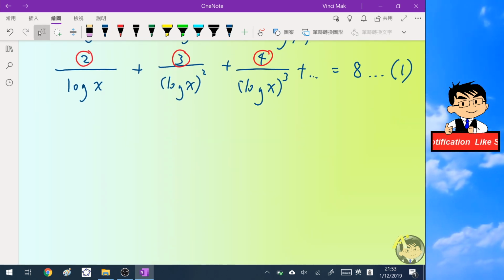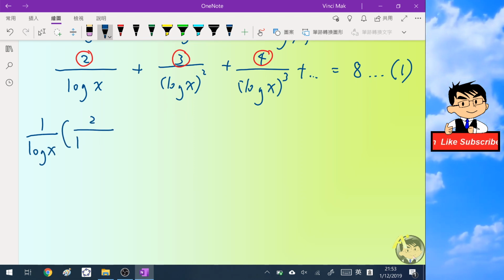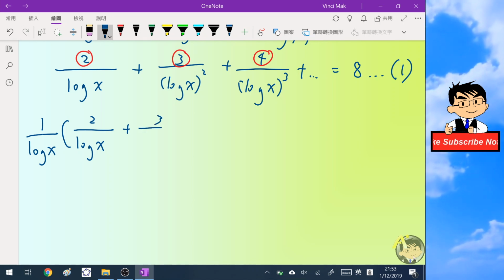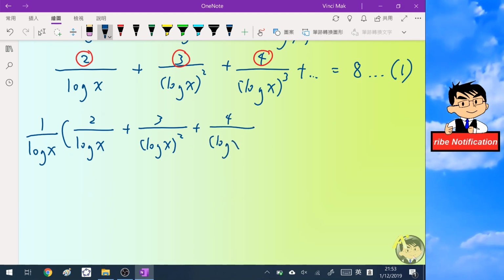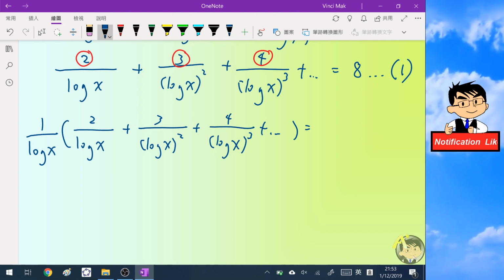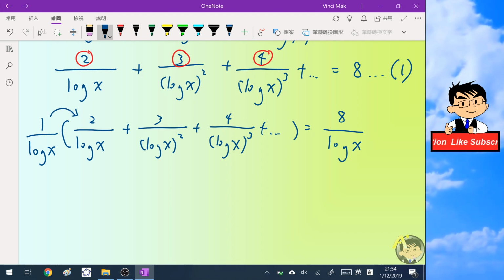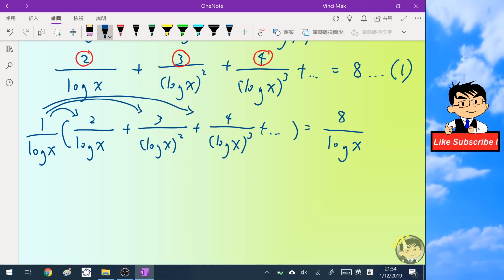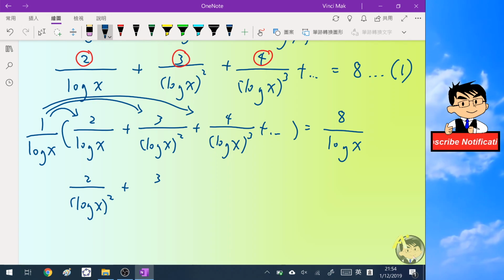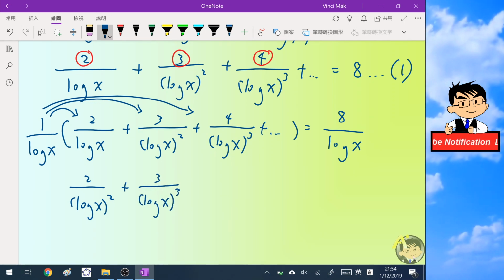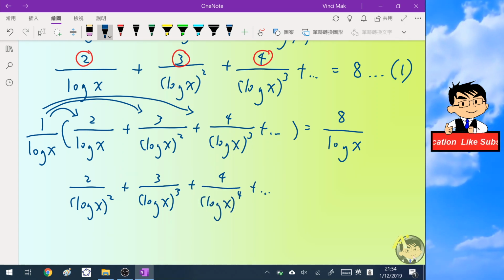We multiply both sides by 1 over log x right here, and then I copy the equation again, plus 4 over log x cube, and then the right hand side will become 8 over log x, and then this 1 over log x will go into the bracket, and then the left hand side will become 2 over log x whole square plus 3 over log x cube plus 4 over log x to the power 4 plus dot dot dot.